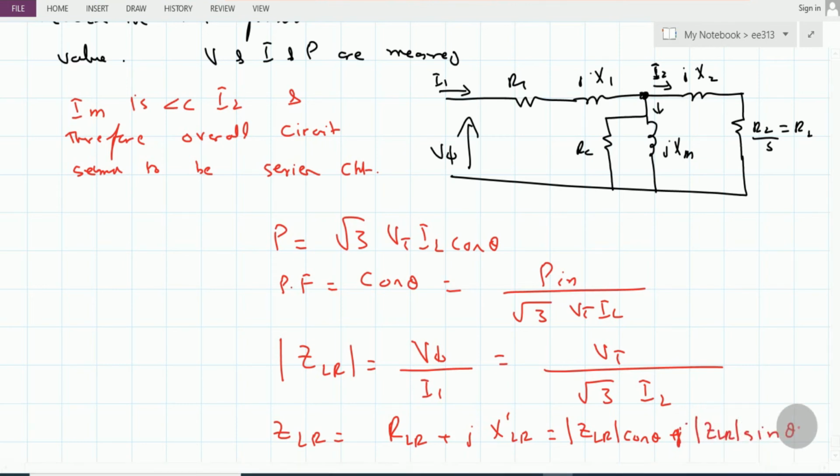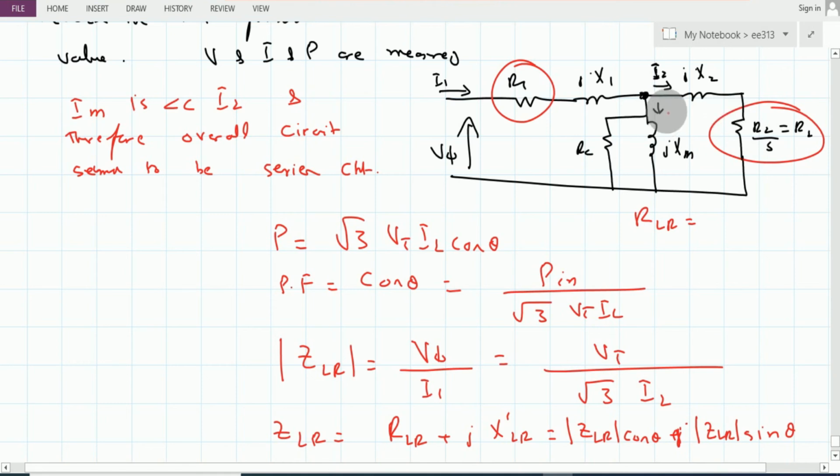In this particular test, the locked rotor resistance RLR is equal to the sum of R1 and R2, because the current IM is approximately equal to 0.